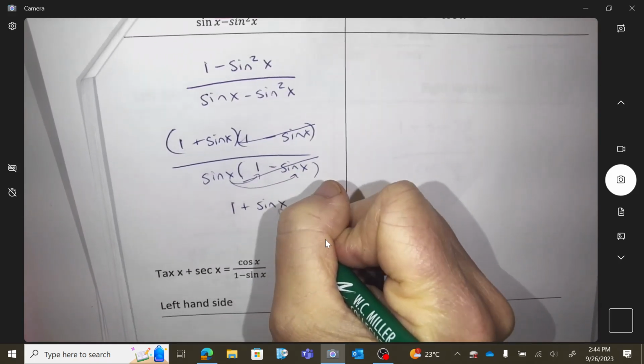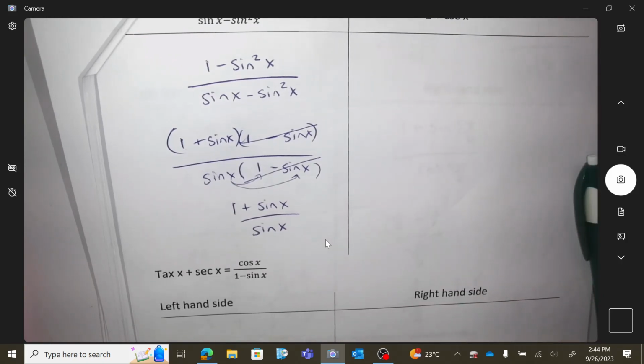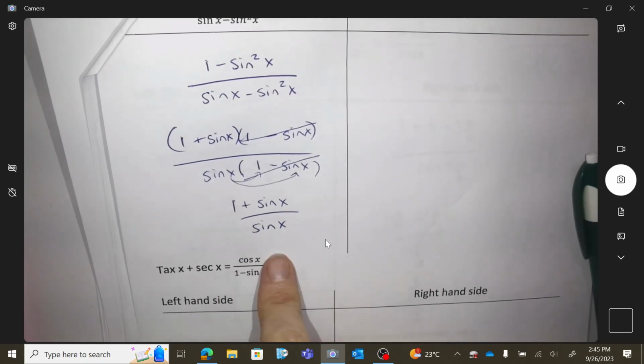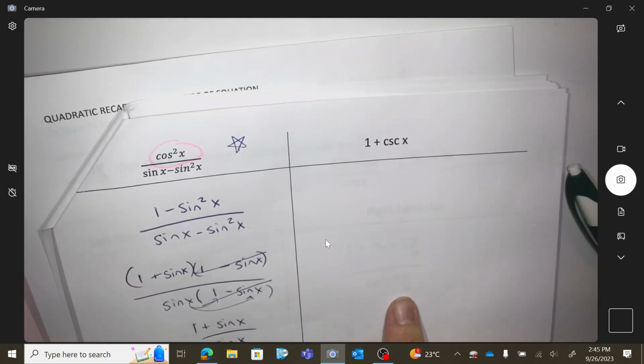I'm just rewriting this, you don't have to. At this stage, I could split this, or we could jump to the other side and work on that side. What do you want to do?